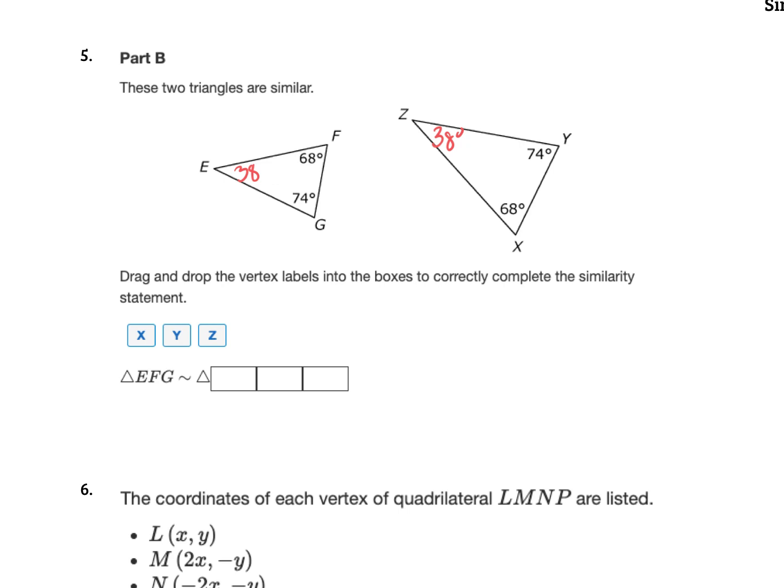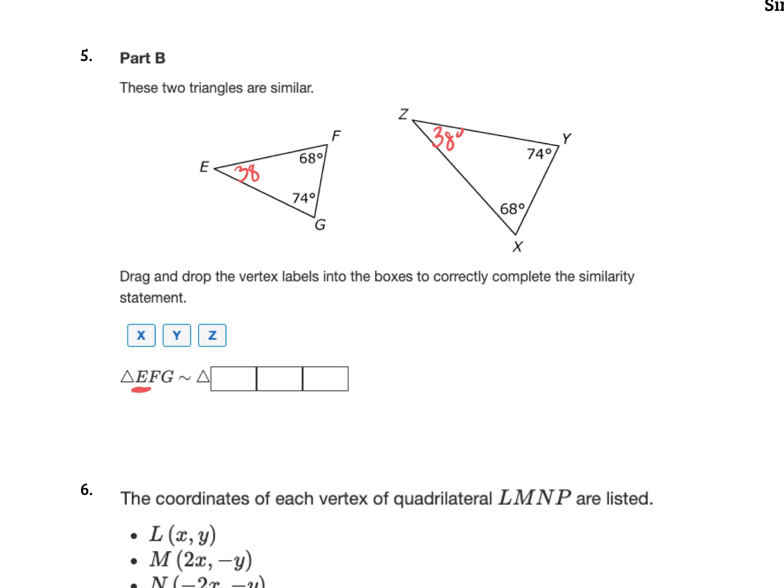Now here it's asking you to write the similarity statement. Okay, to write the similarity statement, we need to put the angles in the right order, so that way they prove that they're congruent.